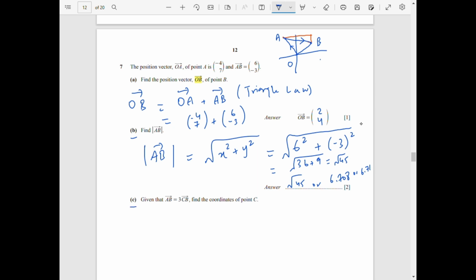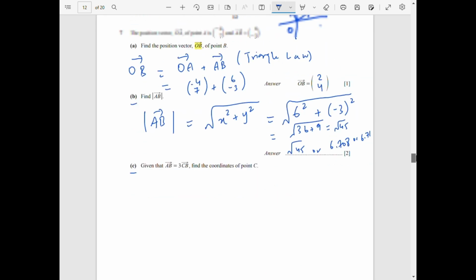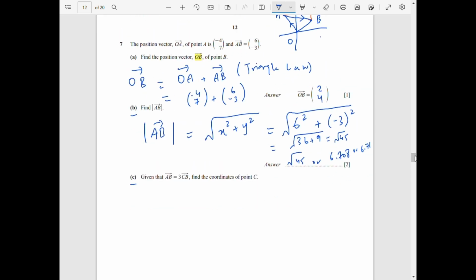Okay, let's go to part C, and this particular part is for 2 marks, and they're asking you to find the coordinates of C, given that the vector AB is 3 times the vector CB. So what are we going to do? We know AB, so we are simply going to plug it in over here. In order to find CB, what should I do?